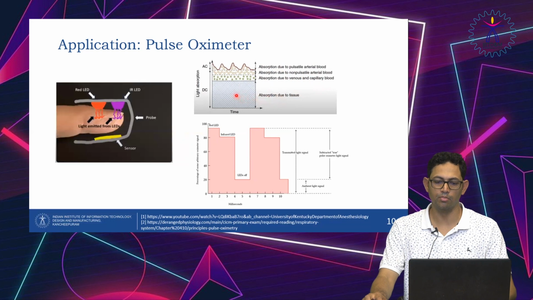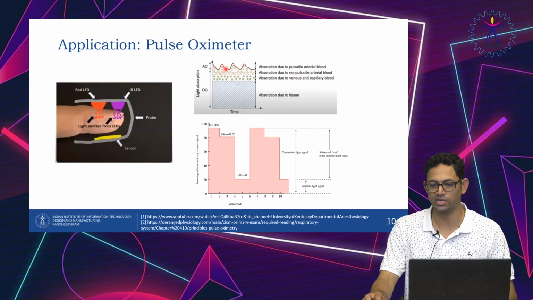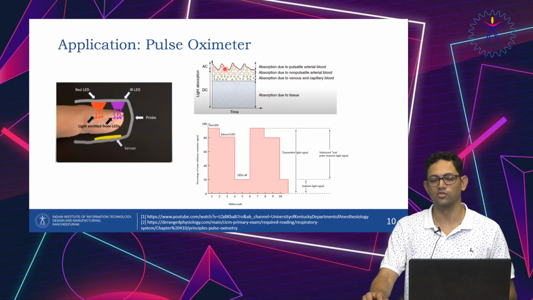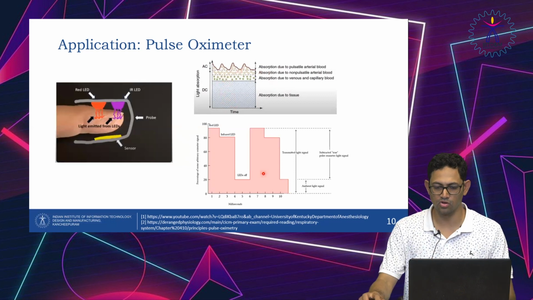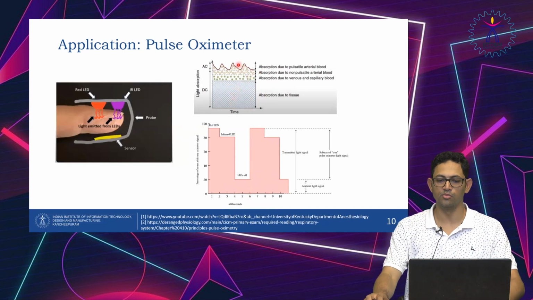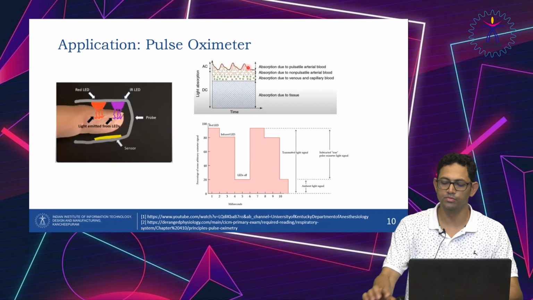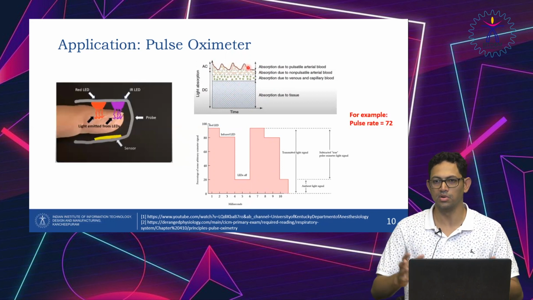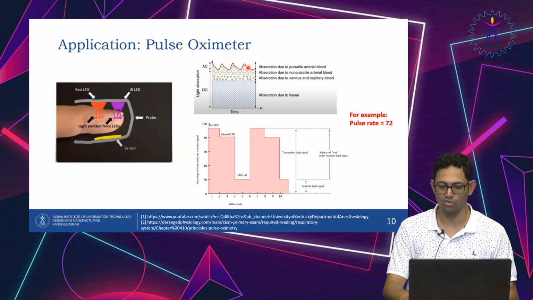These are the bulk absorption of various tissue components, but the most important thing we are interested in is the pulsating arterial blood that we want to quantify. The other components are removed, and what you get is this, and then finally you find something like a pulse rate, that is, how many pulses per second there are. So that's what you can quantify.